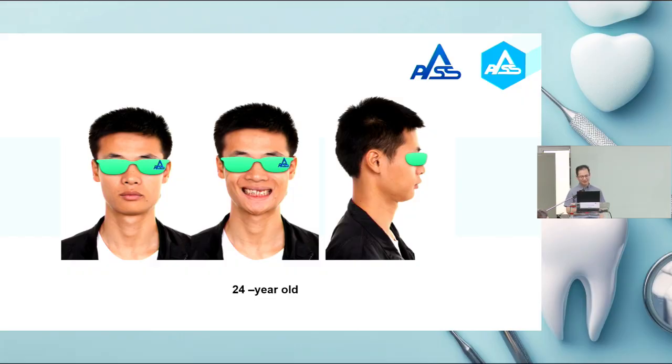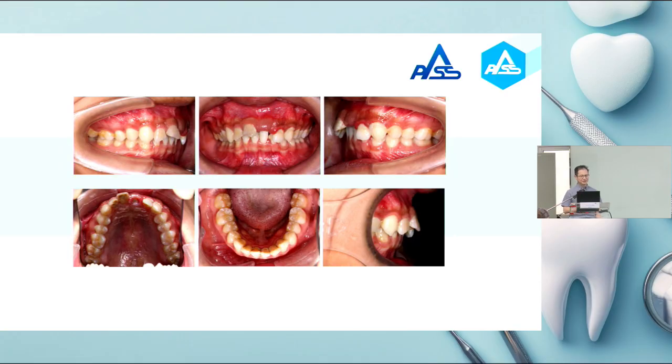This patient is a 24-year-old male. His anterior teeth were injured a few years ago, and we can see his upper right lateral incisor has an enamel dentin fracture.